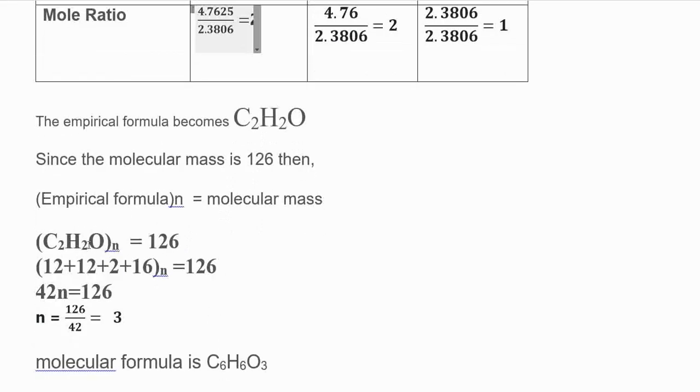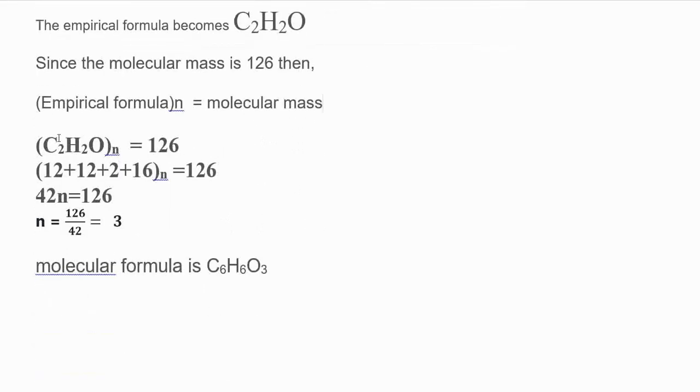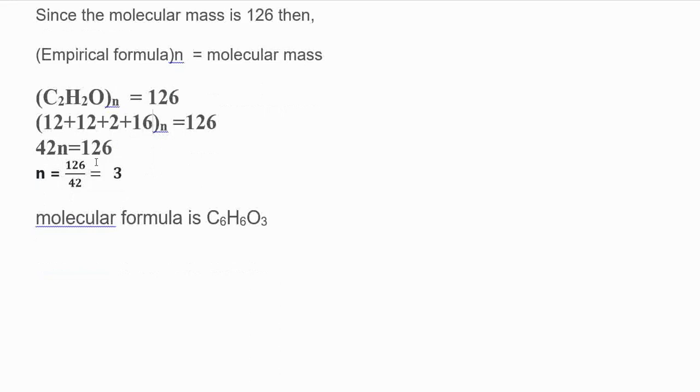So carbon 12 times 2 is 24, plus hydrogen 2, plus oxygen 16. The total will give us 42. So 42 times N equals 126. Divide both sides by 42, and it will give us that the value of N is 3.